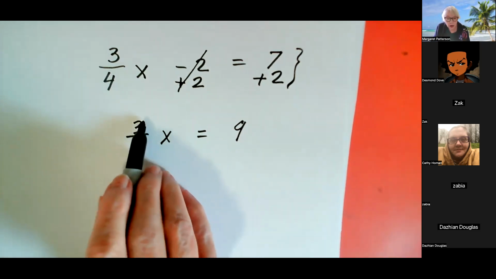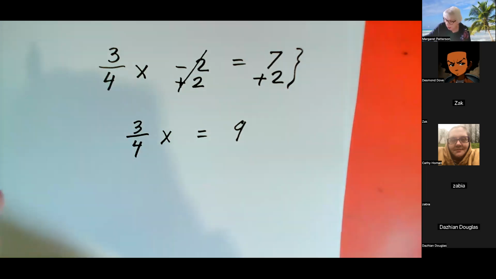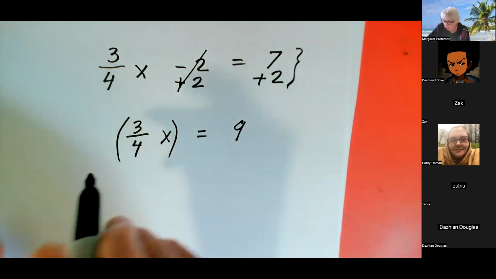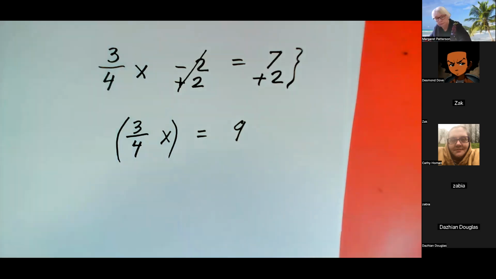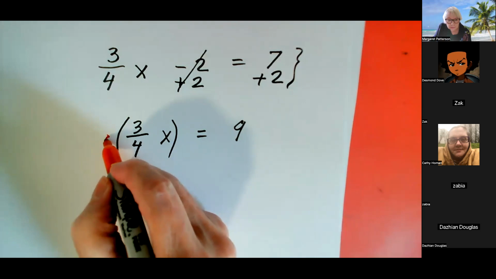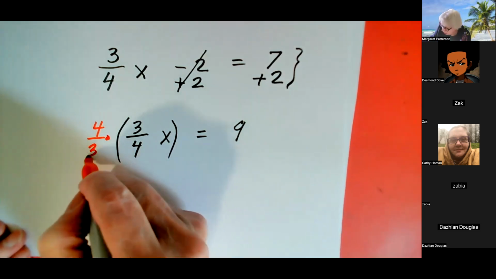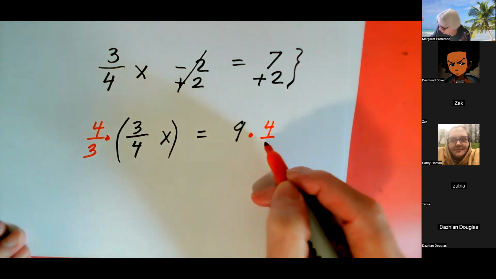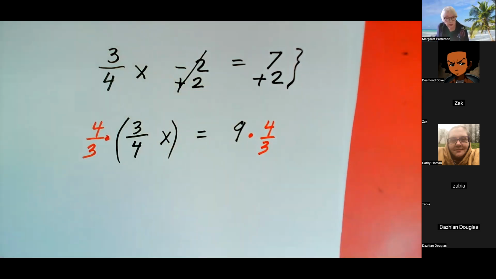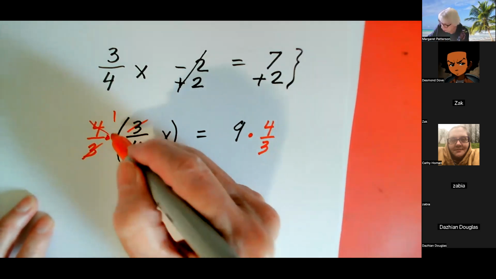Now I've got that problem of the x multiplied by a fraction. And you know what I've been doing all along. What have I been doing? Multiply by 4/3. That's what I would do. And so everything cancels down to 1x.